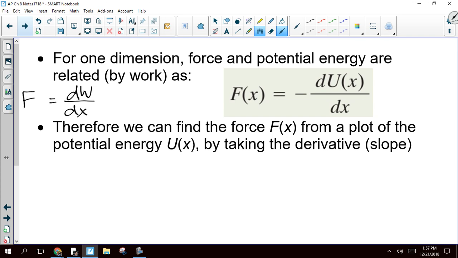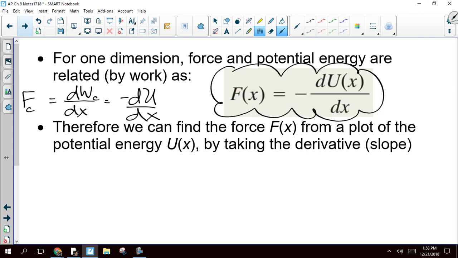And so the idea is, for a conservative force, remember the work done by a conservative force is the opposite of the change in potential energy. And so that's what this little equation over here says. So in English, what that means is if you take the derivative of a potential energy curve, it gives you the opposite of the force associated with that type of potential energy.